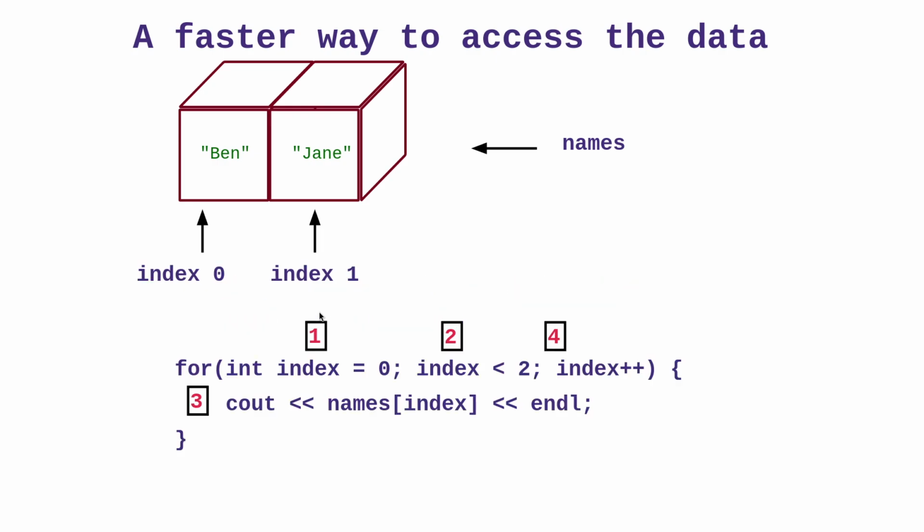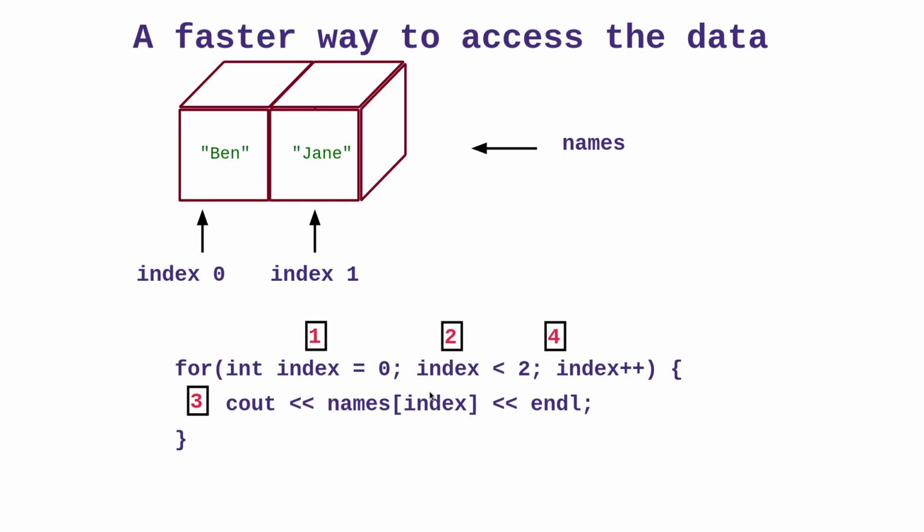So the first part is where we create a temporary variable that points to the individual box. Okay, so all I'm doing here is to say, you know what, I'm going to create a variable called index. I'm going to set it to 0, which means that this variable, this box, will point to Ben in this case.